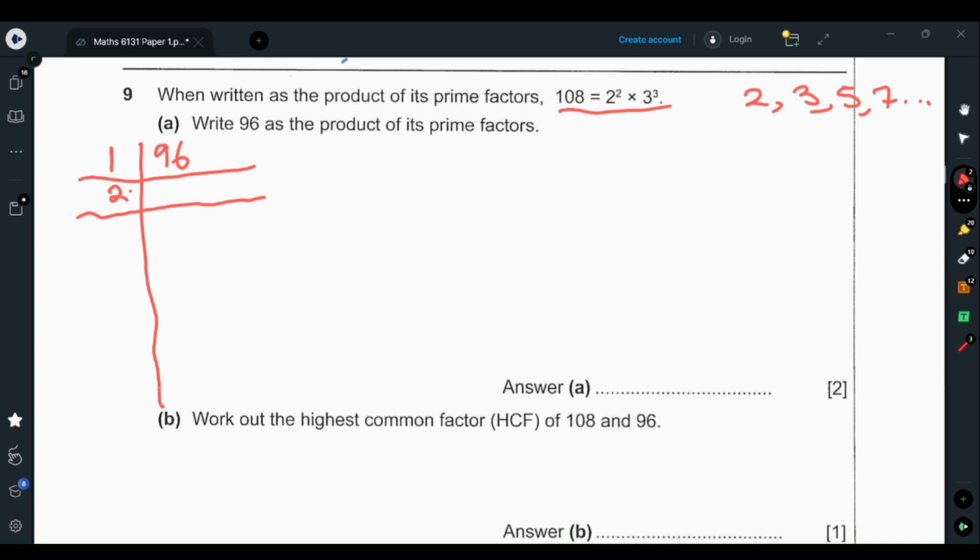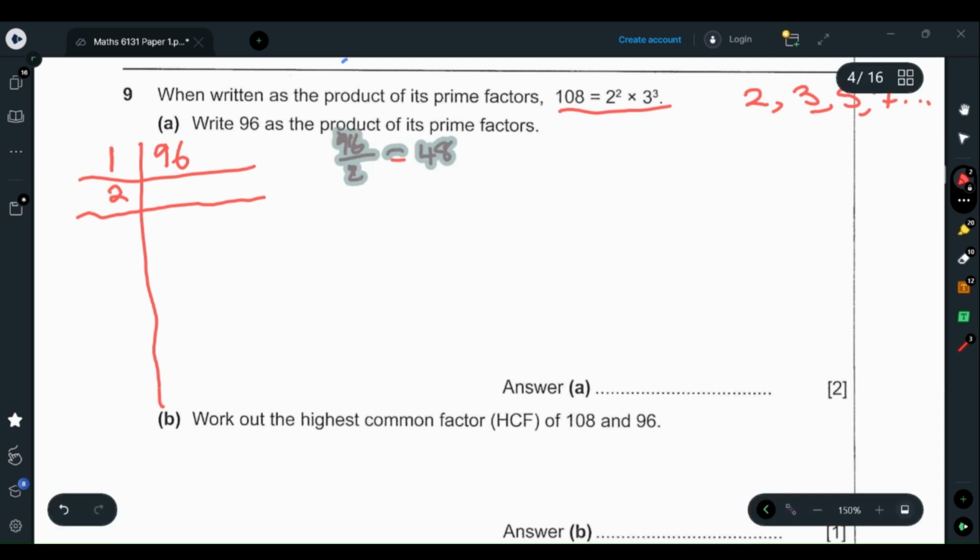So if we divide 96 by 2, what does that give us? 9 divided by 2 gives us 4, remainder 1. So take that 1, place it in front of the 6, and 16 divided by 2 gives us 8.